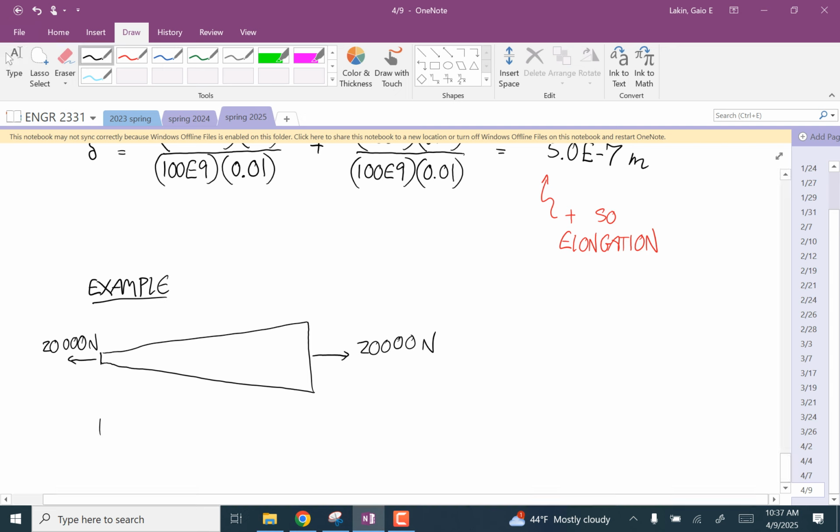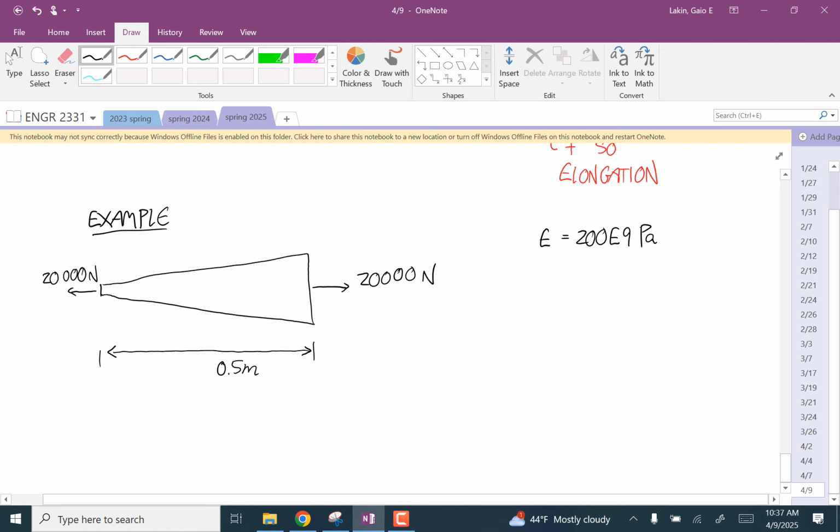We'll say that the whole thing has a length of 0.5 meter. And let's say that the material is steel, so the Young's modulus is 200 times 10 to the 9 pascals. And the cross sections, these are all squares, and they go from having side lengths of 1 centimeter to side lengths of 6 centimeters.